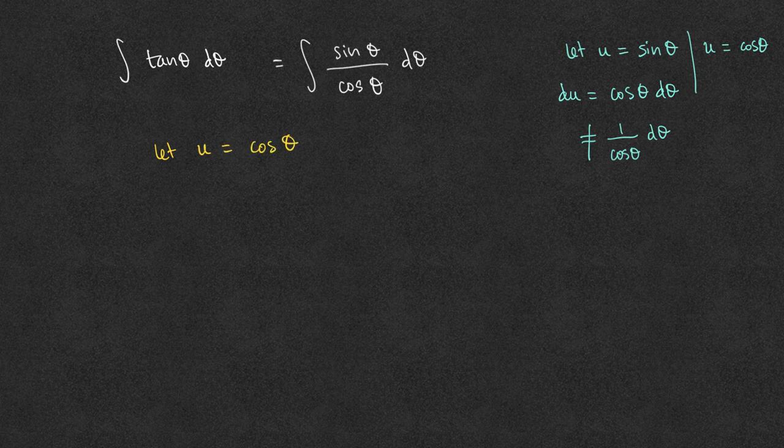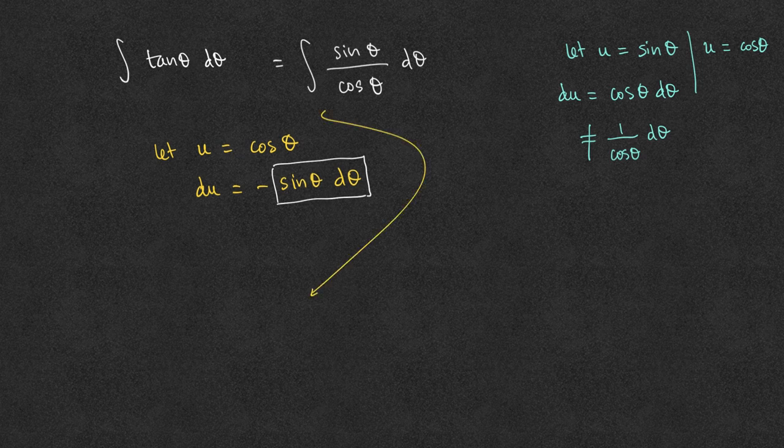If u is cosine of theta, then du is negative sine of theta d theta, and we see that sine of theta d theta is what is remained after we perform the u substitution. That is, if we were to rewrite it, we would have the integral of sine of theta d theta is now negative du.